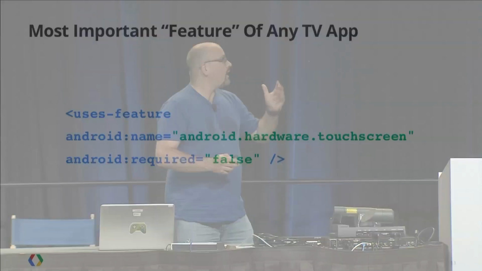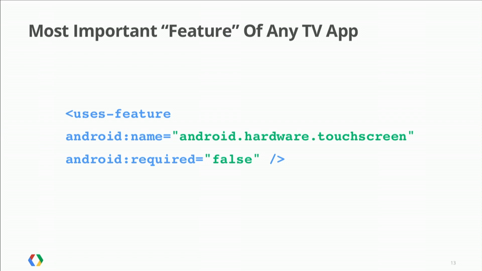So what you have to keep in mind is, by default, the Android Play Store assumes that your application requires a touch screen, simply because most Android devices up to today already have touch screens. So you have to, as a developer, you know about features and manifests.